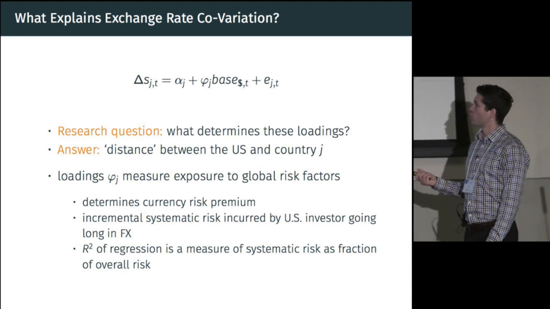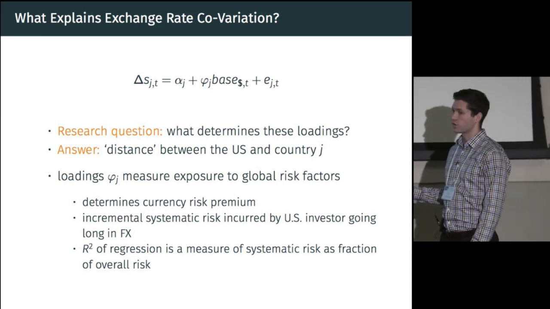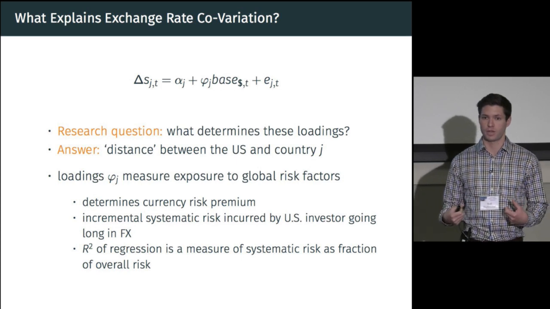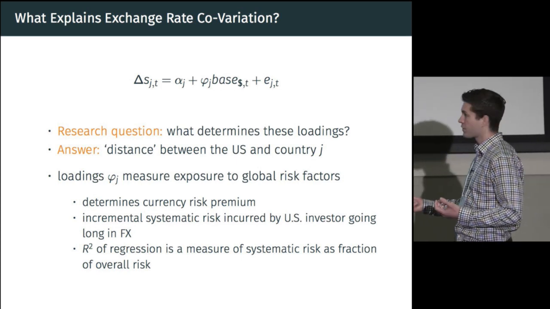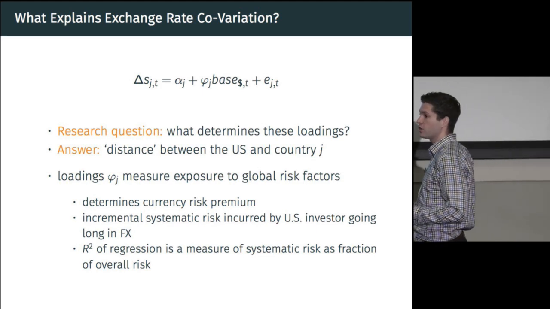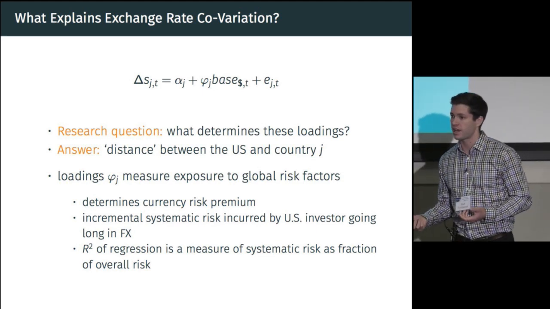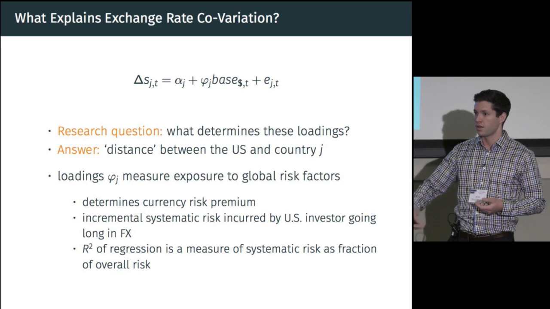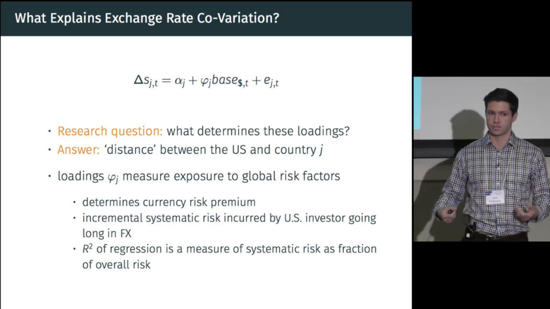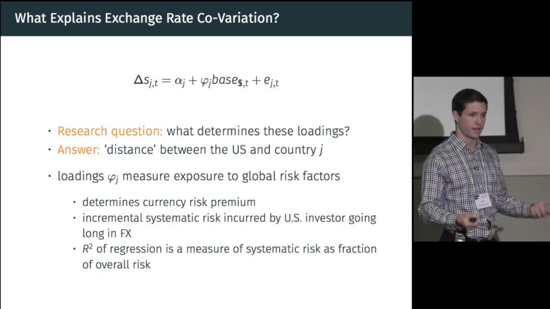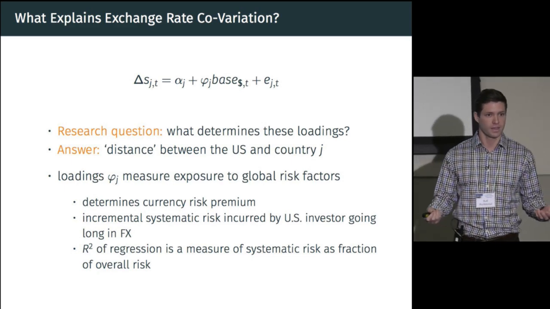And now I want to take one more interpretation of these base factor loadings. Suppose that you're a US dollar-based investor and you're taking a long position in some foreign currency. Well, these base factor loadings tell you the incremental amount of systematic risk that you're taking on in a long position in that foreign currency. You can think about the US dollar base factor as a systematic move in the US dollar.